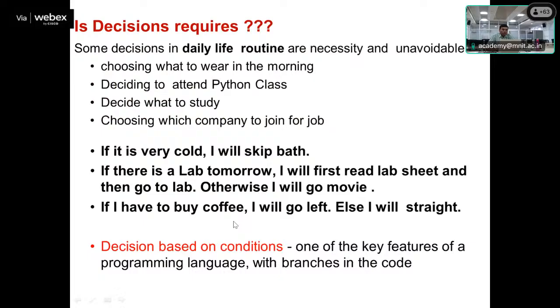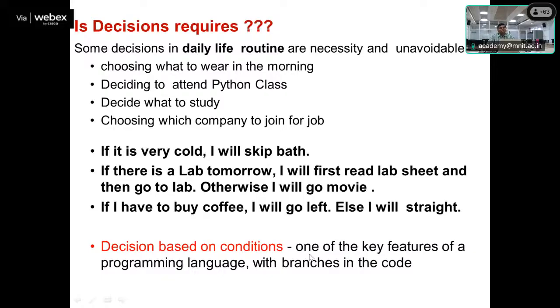This takes place in programming languages, not only in our day-to-day life. In programming, we decide which part of the code should be performed and which part should not, based on a conditional statement.